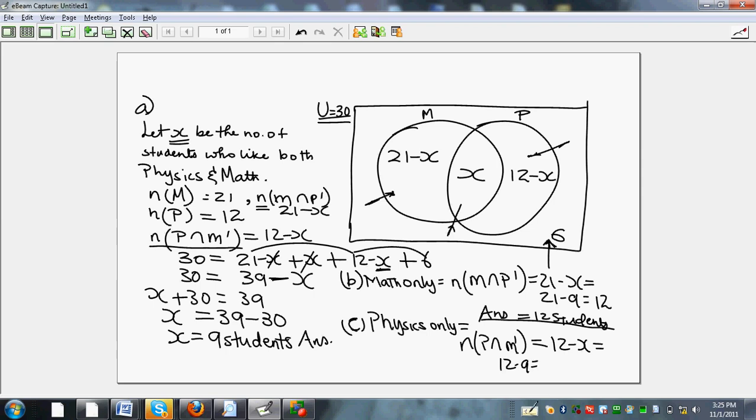And 12 minus 9 will give us 3. So we'd have 3 students that did physics only. Okay, and this as well is an answer. Any questions with this? Look at it and see if you have any questions.